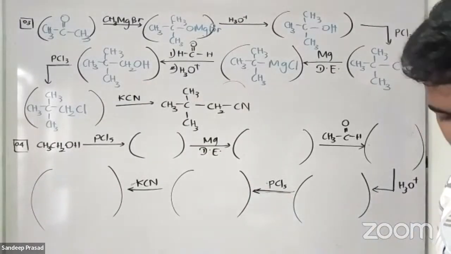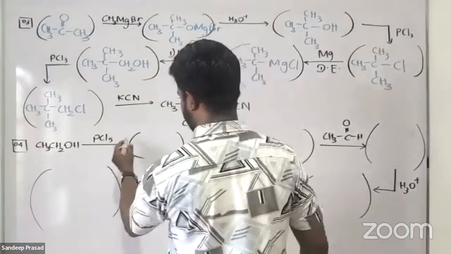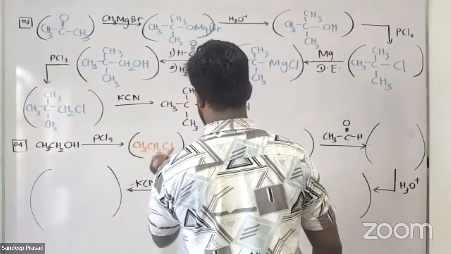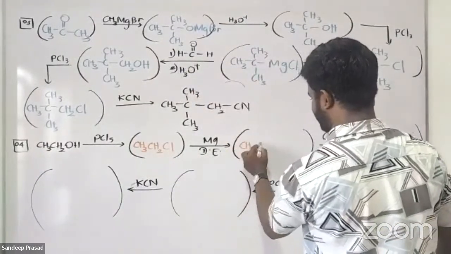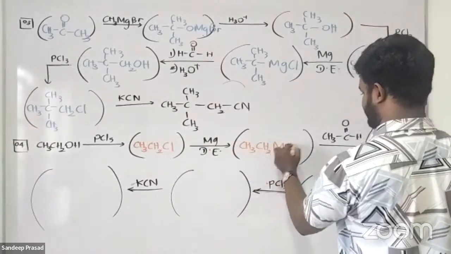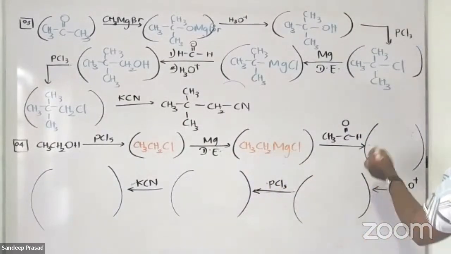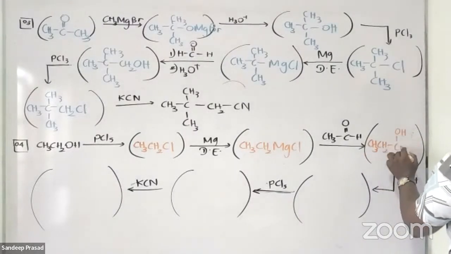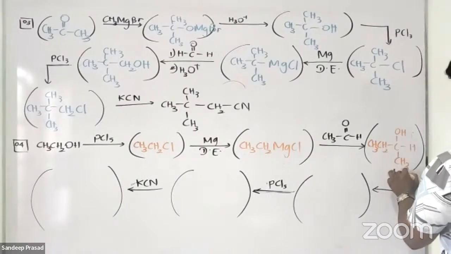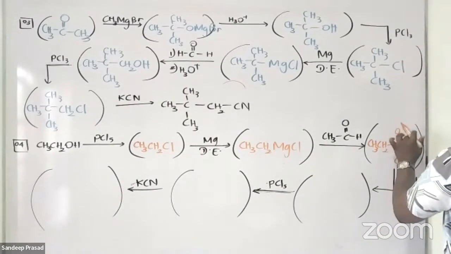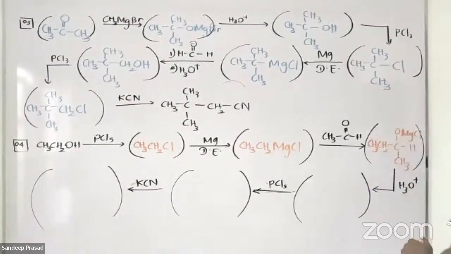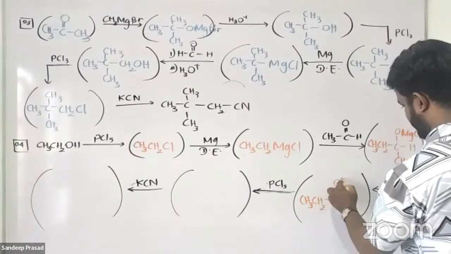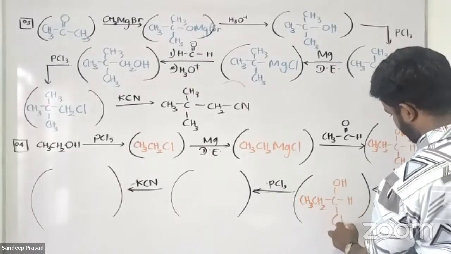Fourth one. PCl5 is added to the ethanol. OH is converting to Cl. Magnesium, dry ether is added, therefore CH3CH2MgCl. And an aldehyde is added, CH3CH2 CH(OMgCl)CH3. After adding H3O plus, that will convert into a proper alcohol, CH(OH)CH3.